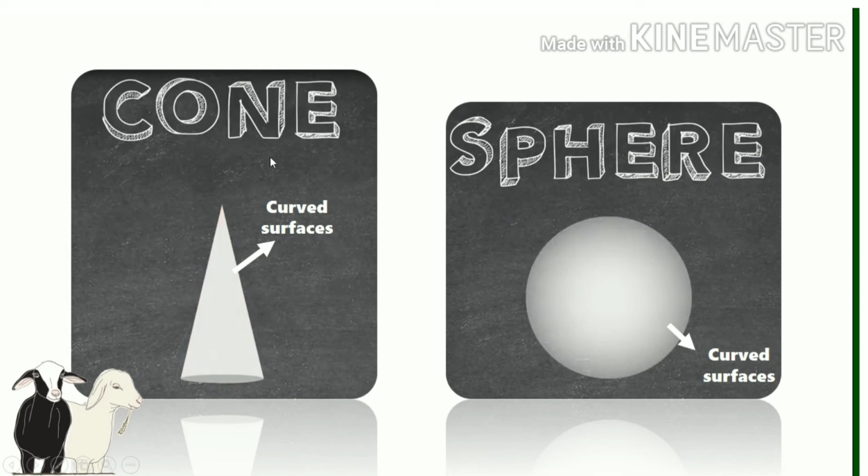Look at this one, it is a circle. So, cone has curved surfaces and also sphere. All of the shape is circle, so it also has curved surfaces.